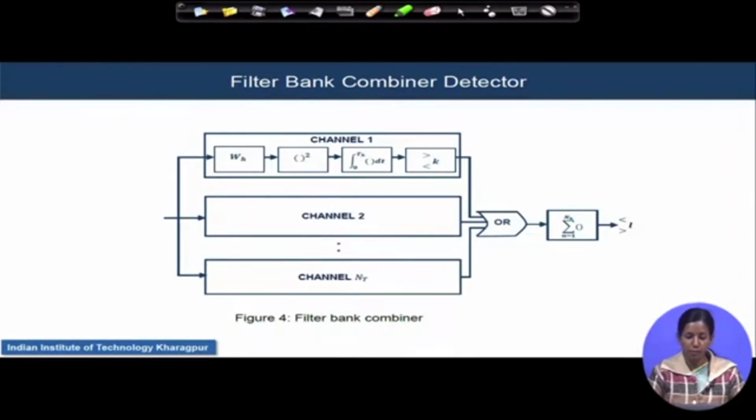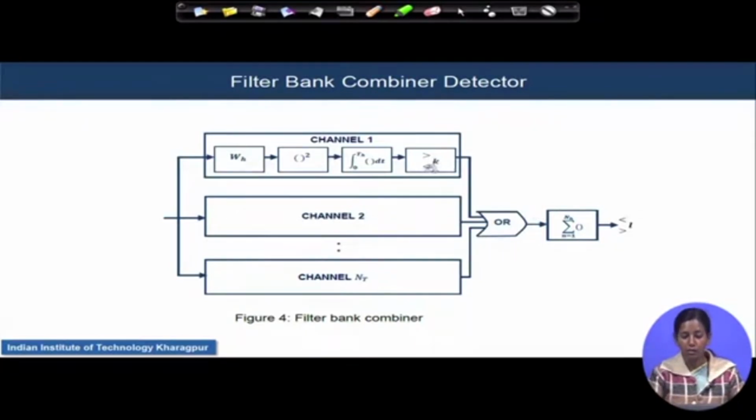The main difference of this filter bank combiner compared to your optimum detector shown in figure 3 is that each channel has its own band pass filter, square law detector and integrator, but instead of the scaling circuit there, we introduce another threshold level called K.